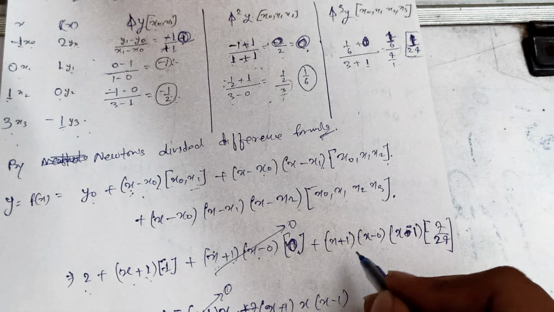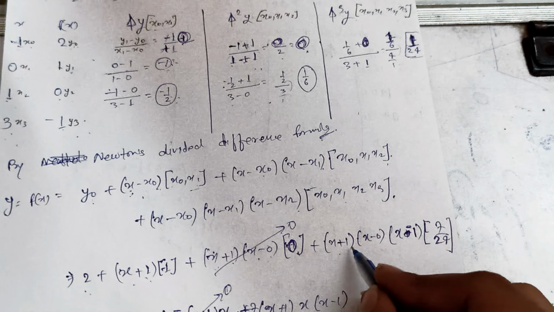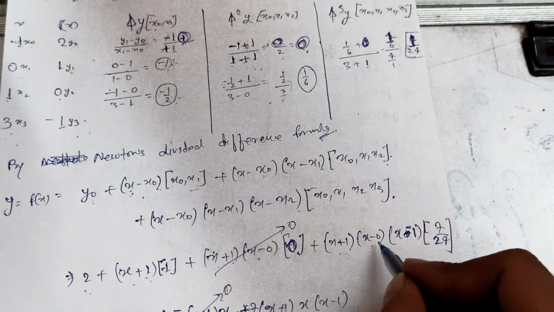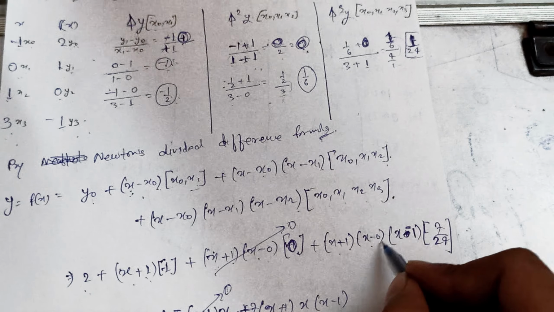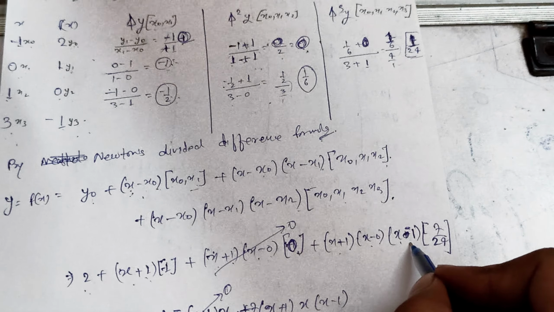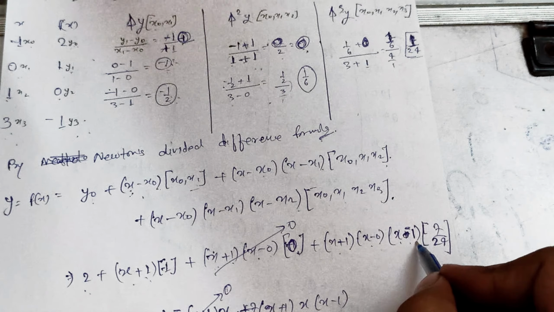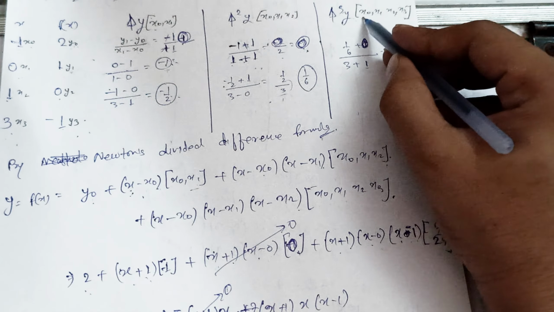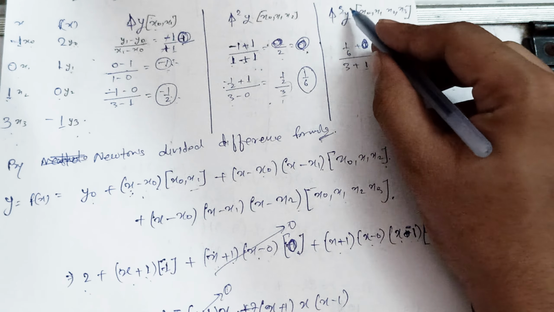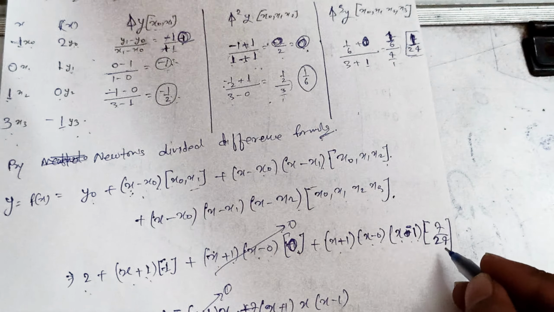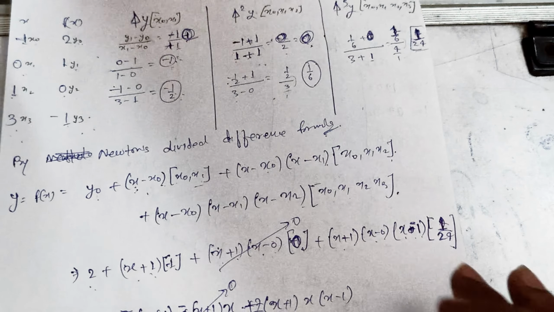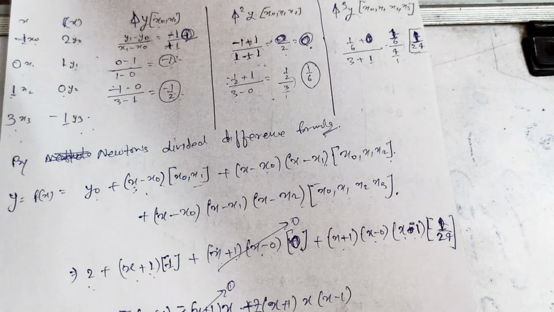The next term is x minus minus 1, that will be x plus 1 here, and x minus x1, that will be x minus 0. Then x minus x2, that will be x minus 1. Then we multiply this with the third difference, that is 1 by 24. So now we need to evaluate all these terms.